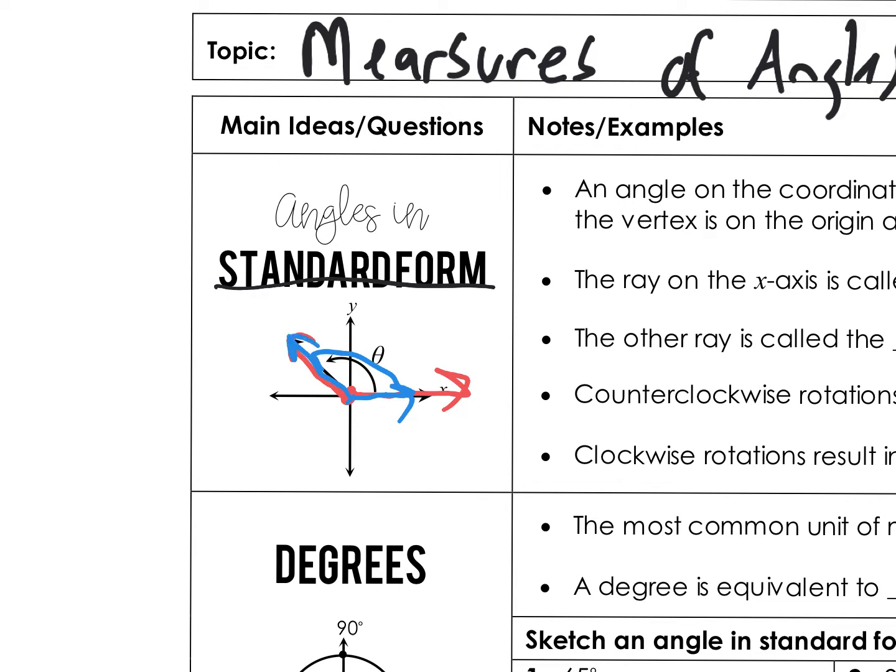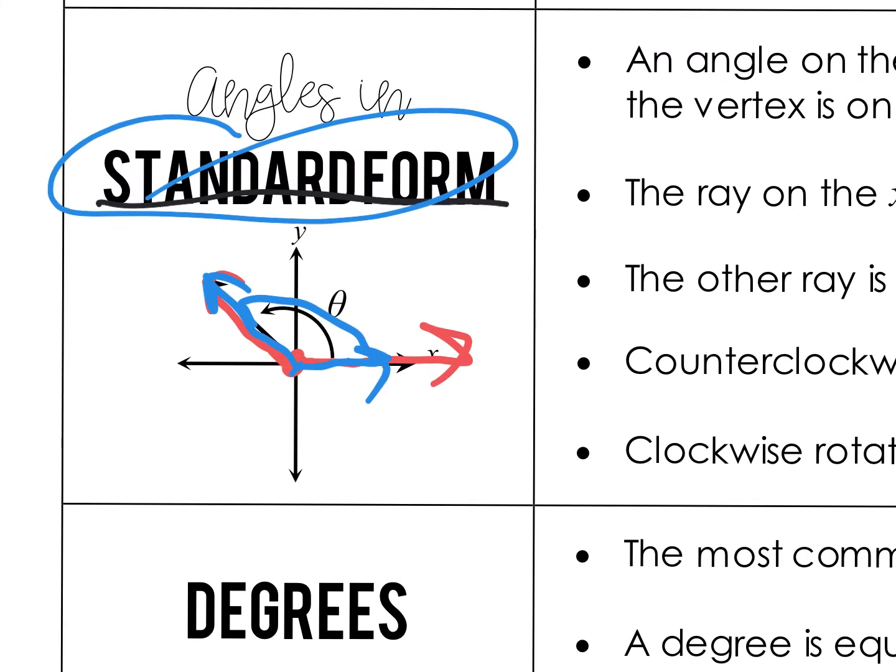When one of those legs decides to open and come out to here, we say that angle is in standard form, where one of the legs, this leg here, is called the initial position. When the angle opens up and stops, what's another name for stop?